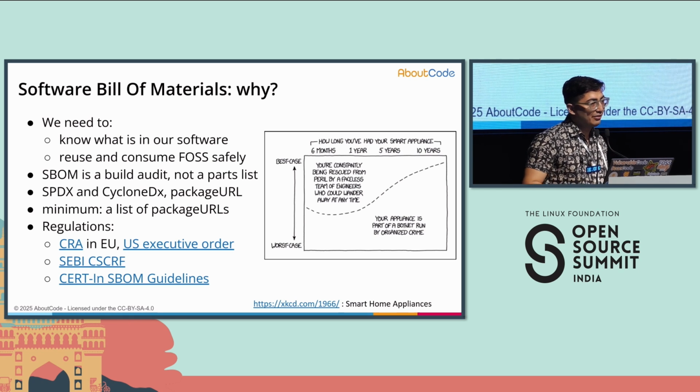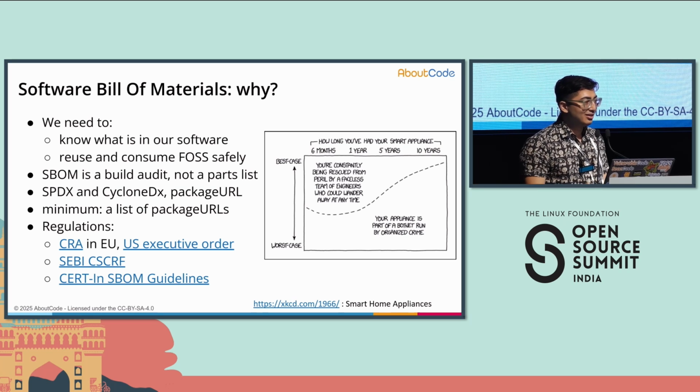So let's start with software bill of materials. Here, the goal is always to know what is in the software and be very transparent about it. We all have a lot of smart appliances and digital things around us every day, like a modem, smart appliances, and our cars, which have digital things in them.